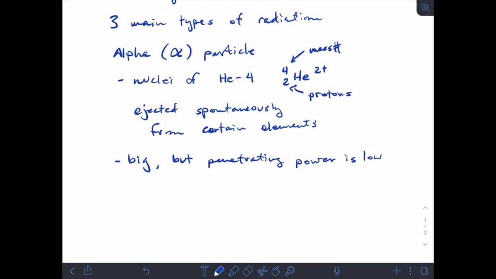They are positively charged, right? Because all it is is 2 protons and 2 neutrons, so there are no electrons to balance the charge. So being positively charged, they are deflected by magnetic fields.